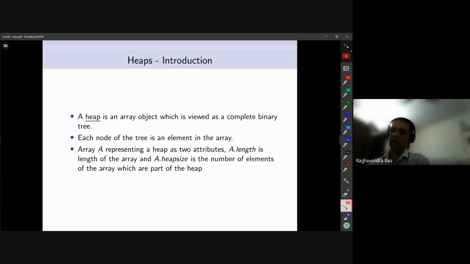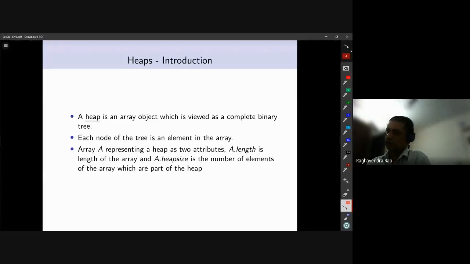I'll give a quick introduction to heaps. Formally, a heap is an array object which is viewed as a complete binary tree. Basically, you have an array of elements. We'll assume these are numbers comparable to each other. But we also have a superimposed binary tree structure on it. Each node of the tree is an element in the array.